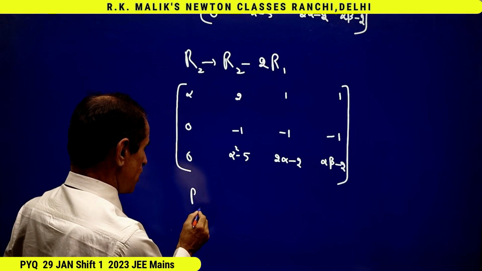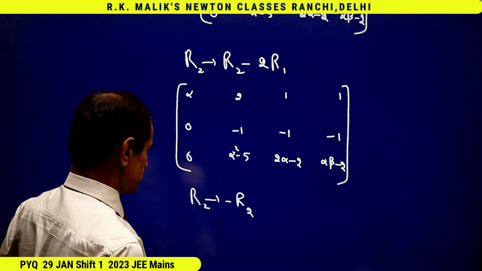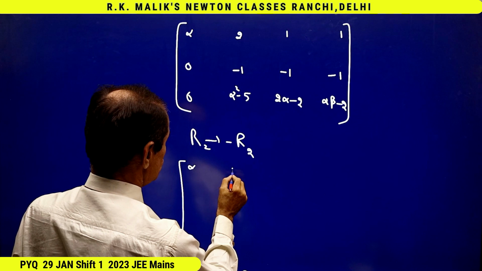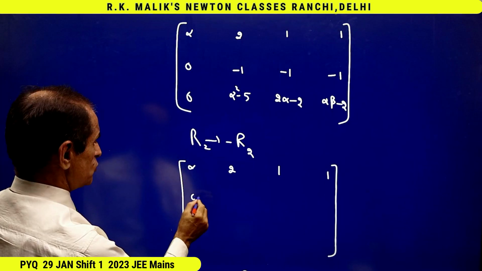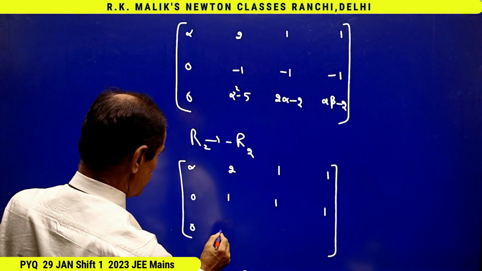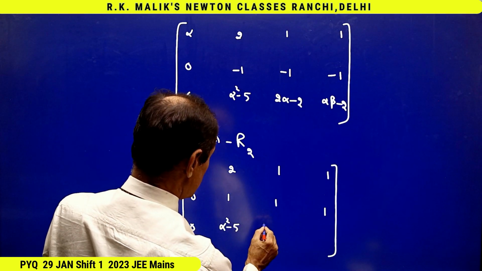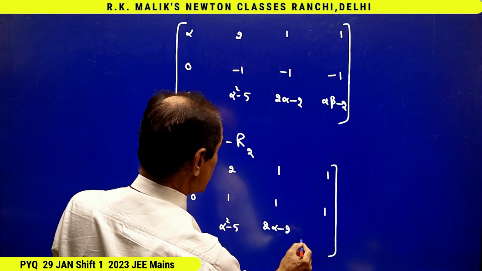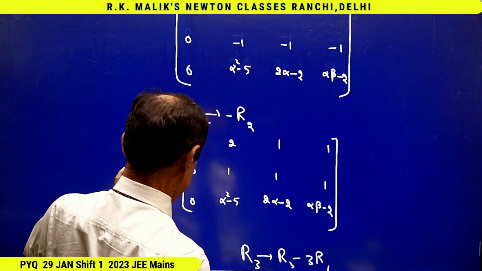I use the operation R2 changes to minus R2. [Alpha, 2, 1, 1], [0, 1, 1, 1], [0, alpha square minus 5, 2 alpha minus 2, alpha beta minus 2].